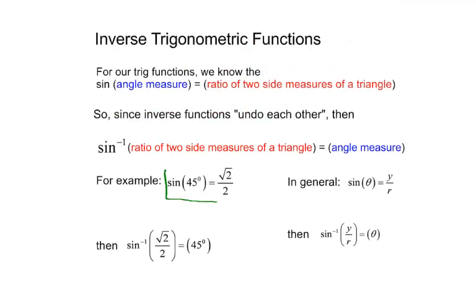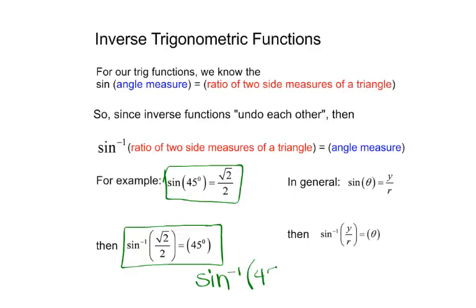So we recognize that the sine of 45 degrees is root 2 over 2. So specifically, for the sine inverse function, we should be able to tell that the sine inverse of root 2 over 2 is 45 degrees. Be very careful for statements that look like that.